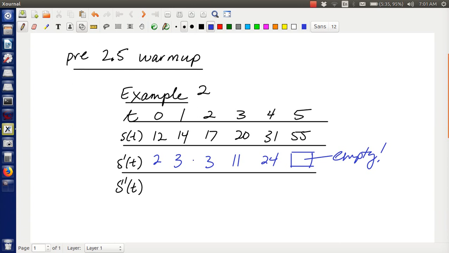I will do the first one for you. Okay, so you're going to go 3 minus 2 divided by 1 minus 0. That's it. Alright, so you guys, you try that.